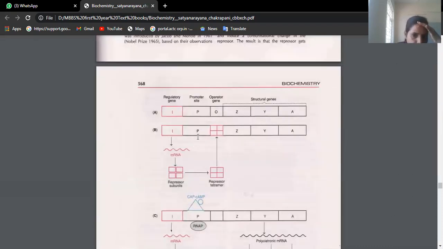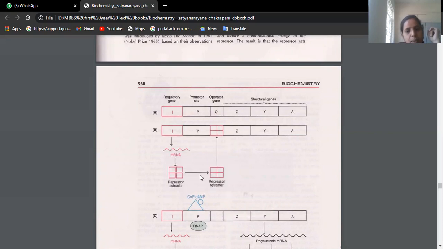Here you see this inhibitory gene. Here you have mRNA. We know mRNA has codons, like AUG, GUG, triplets, which code for amino acids. This picture was studied first in bacteria. Here we have mRNA coding for certain repressor subunits.